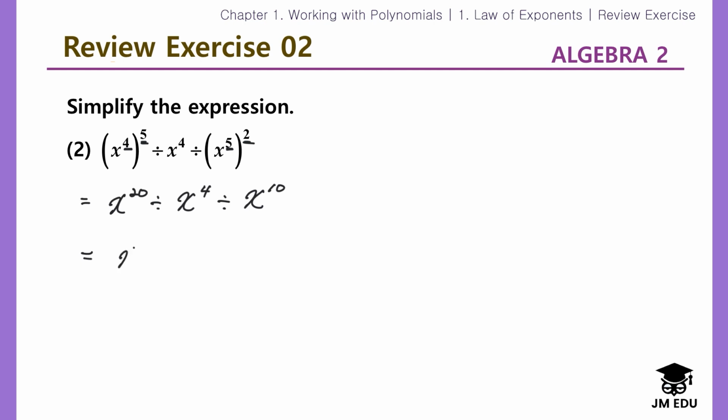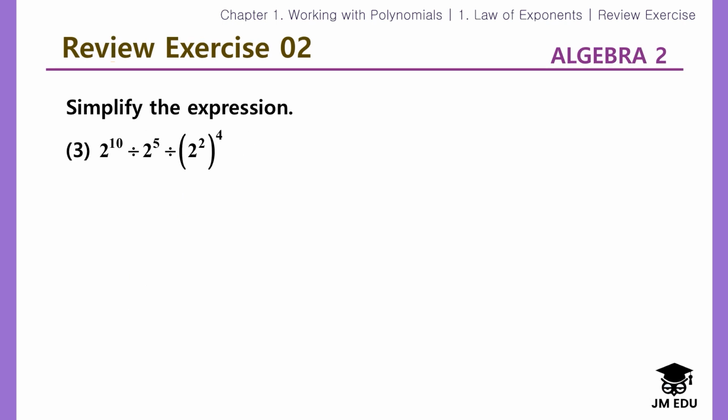So x to the 20 minus 4. Another division, divided by x to the 10, so minus 10. So that's going to be 20 minus 4, that's 16. 16 minus 10, that's 6. So it is x to the power of 6.